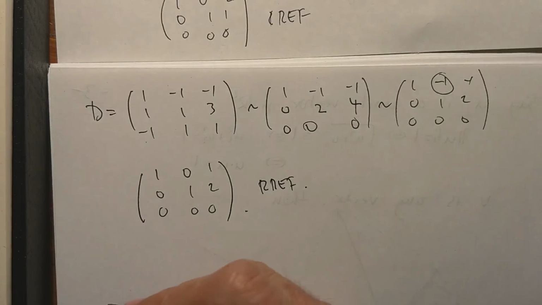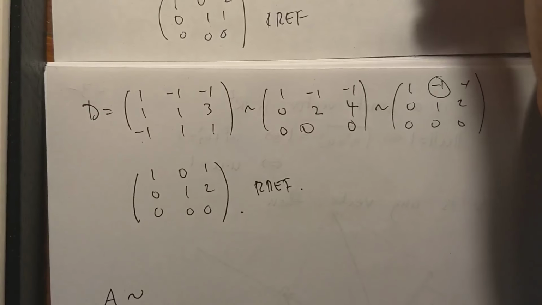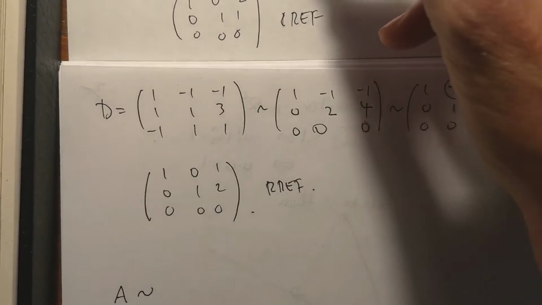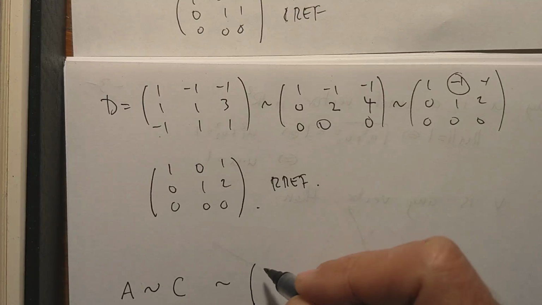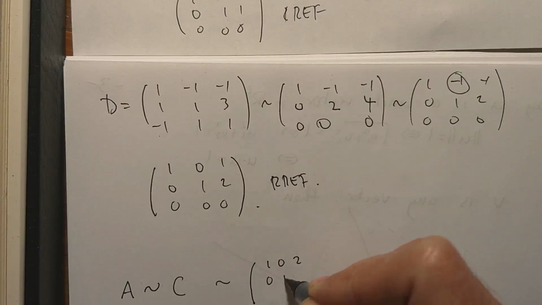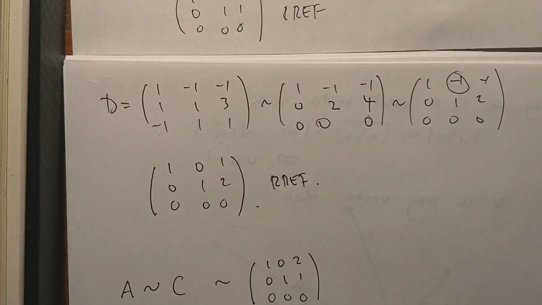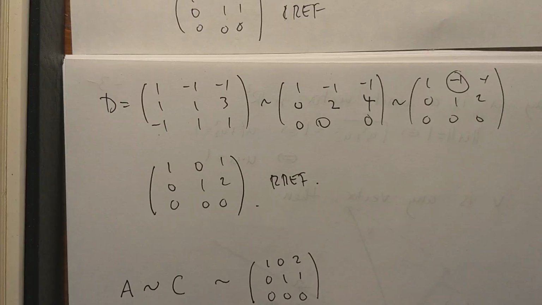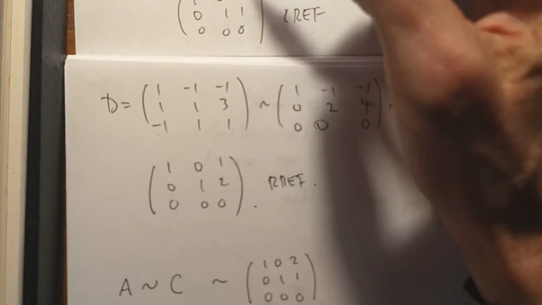So we have that A is row equivalent to C, because they're both row equivalent to 1, 0, 2, 0, 1, 1, 0, 0, 0, and B is equivalent to D because they're both equivalent to this matrix.